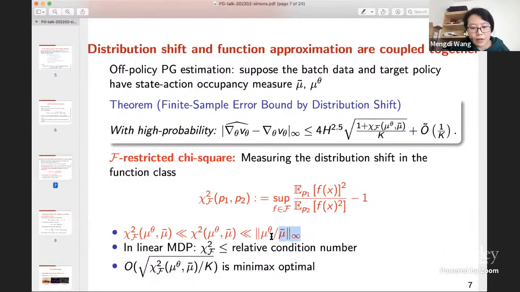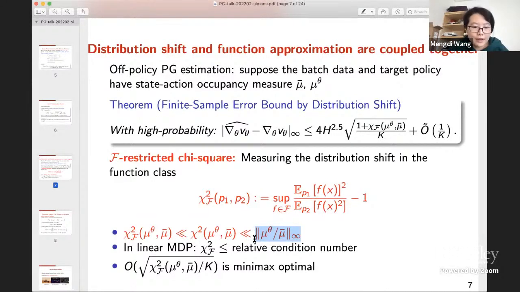In most existing works on analyzing distribution shift and sample efficiency, statistical error is usually characterized by the L infinity norm of the density ratio, which is only finite when the two probability density functions are extremely close to each other.